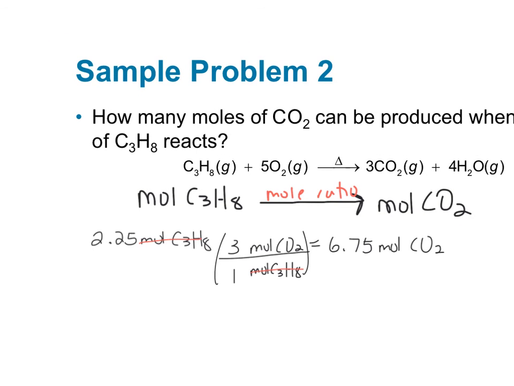So looking at significant figures, here I have 3 significant figures. A mole factor is an exact number, so it does not affect our significant figures, so my answer should have 3 significant figures. And that's it. That's how you use mole to mole factors or mole ratios to go from moles of one substance in a balanced equation to moles of something else.